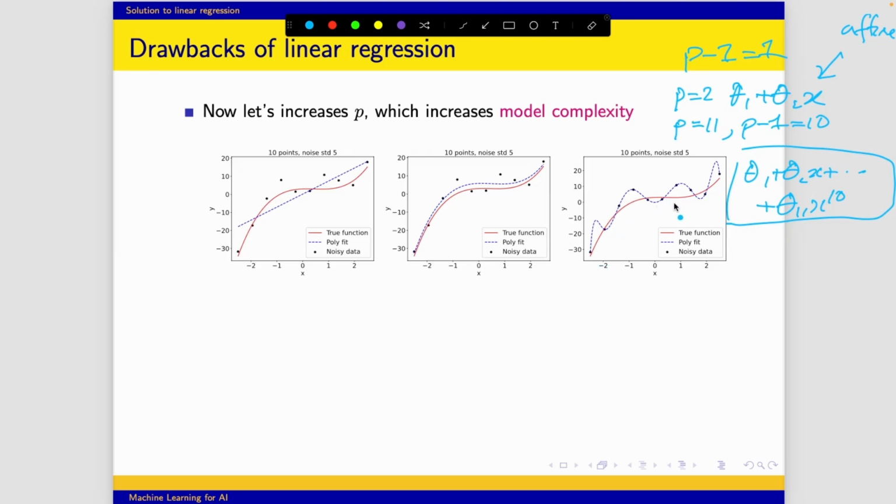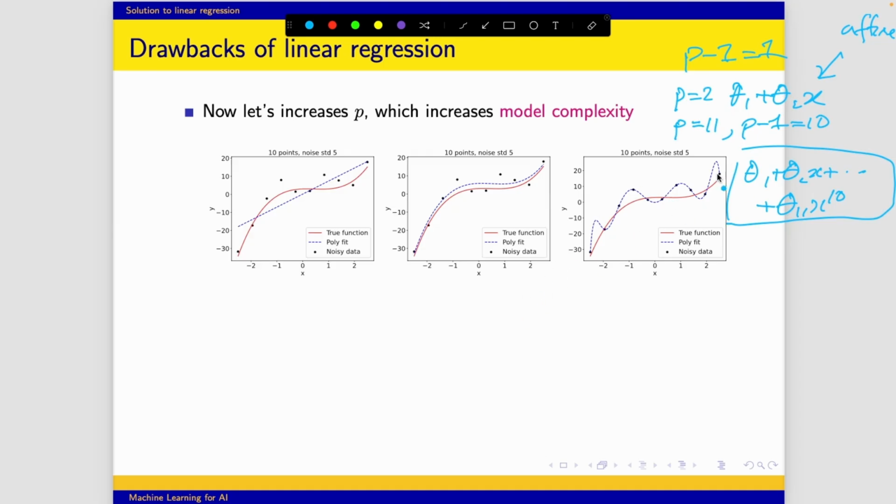So the true relationship is this. The black squared dots are again the noisy points. And what is now our 10th order approximation? Well, we see this very wiggly curve here. And what is it doing? It's going right through the data points, almost. It's interpolating.